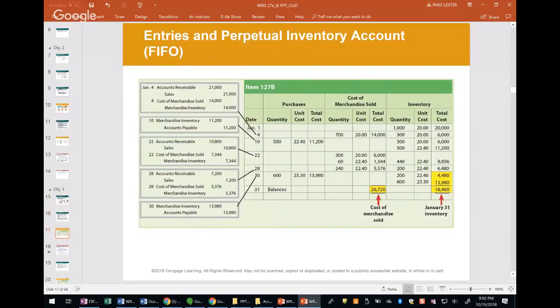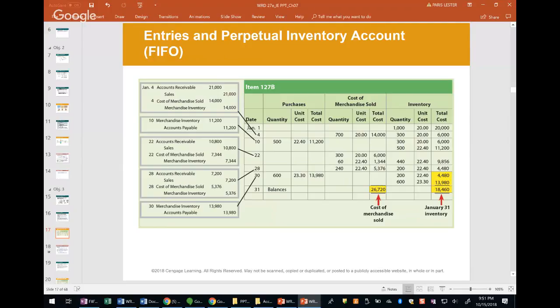All right, let's look at it on a chart. Now, you'll have these charts on Cengage, but I'll have to bring them to class with me when we practice one in class. But here's the ending inventory that Ryan gave you, 18,460. Did you say 60? Okay. Here we're keeping up with it on an inventory sheet, which makes it easier than what I did just a moment ago.